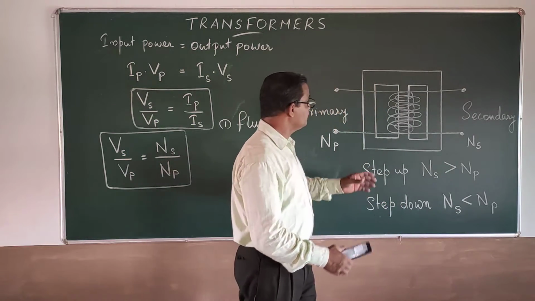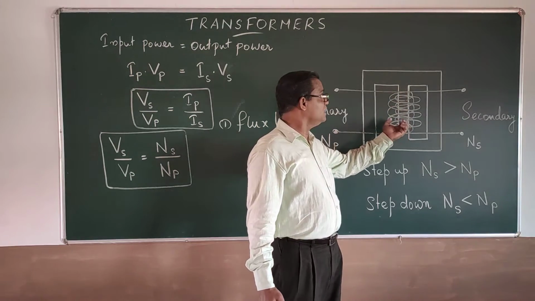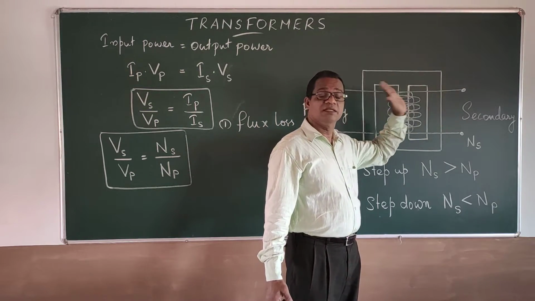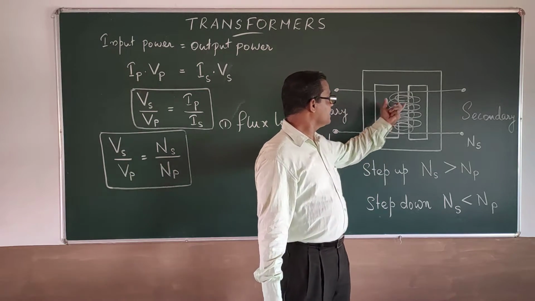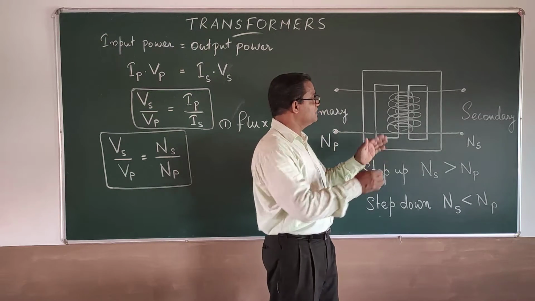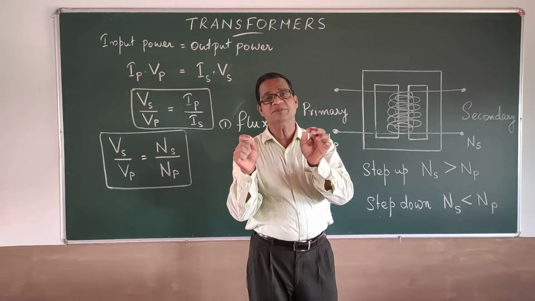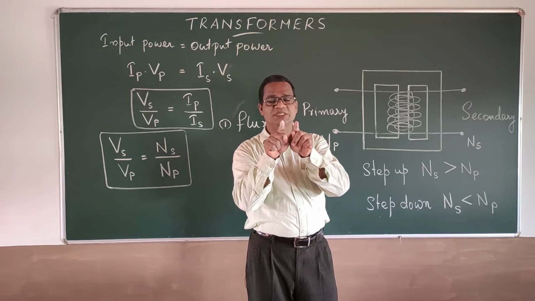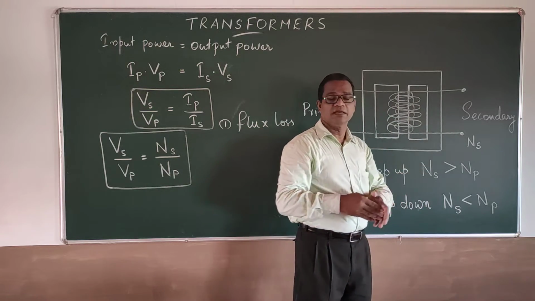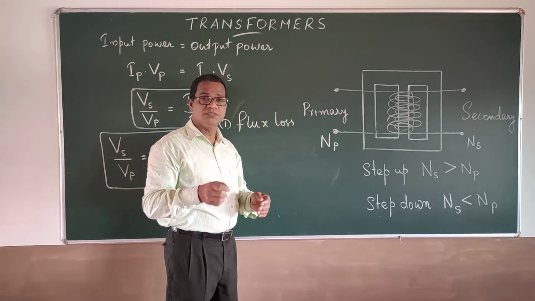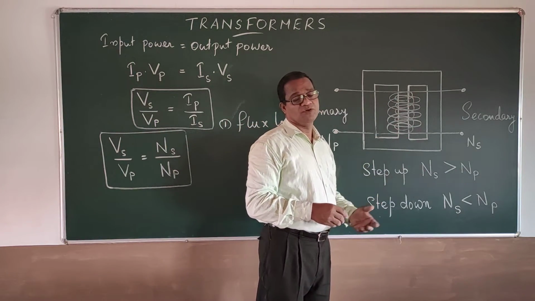If whatever flux is produced in the primary is completely coupled with the secondary, then there is no loss. But due to reasons like the air gap between the turns, the spacings between the turns themselves, and the air gap between the primary coil and the secondary coil, all this will cause flux leakage in the coupling.